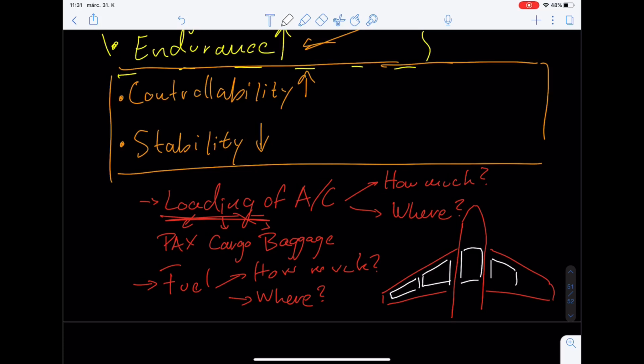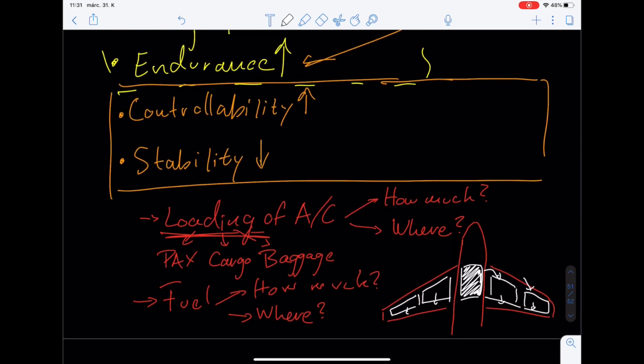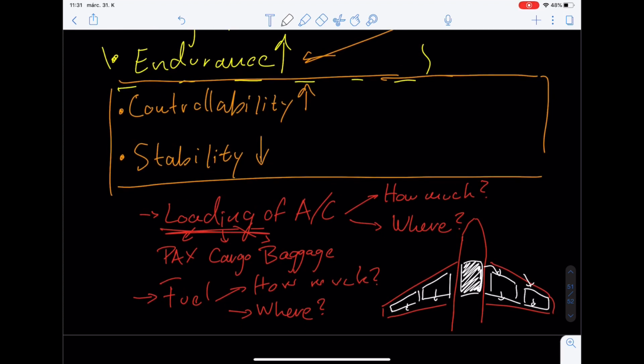And so these wing tanks usually move the center of gravity position a little bit aft. So first you would use the fuel from the fuselage, and after it's pretty much left, then you would move on to use the fuel from the wing, and that's also helping to reduce the moments generated on the wing.